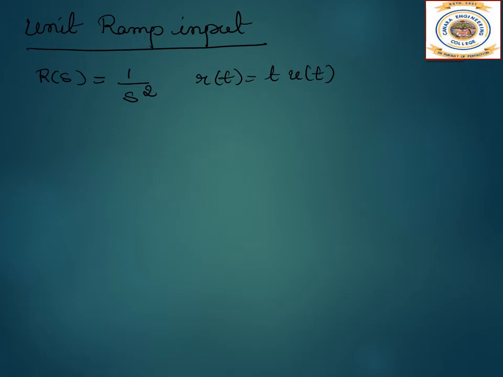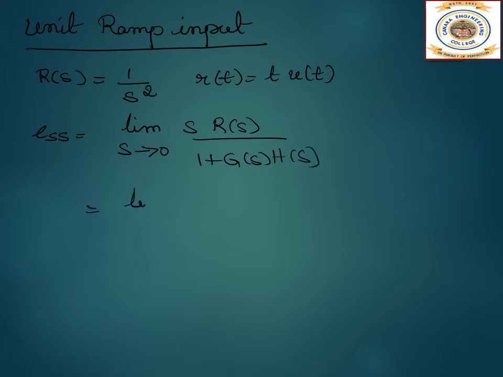Now the steady state error ESS is given by limit S tends to 0 S into R of S divided by 1 plus G of S H of S. So here I can write it as limit S tends to 0 S into R of S, which is 1 by S square, divided by 1 plus G of S H of S. So one S will get cancelled here.